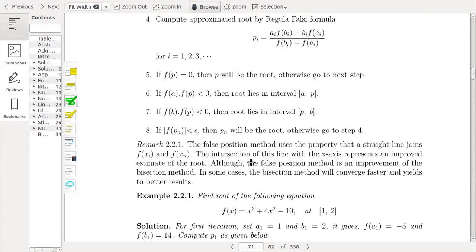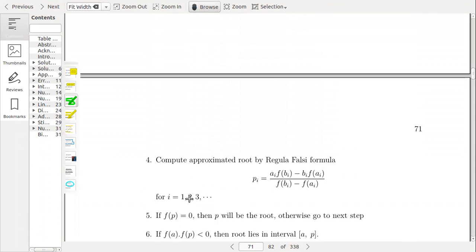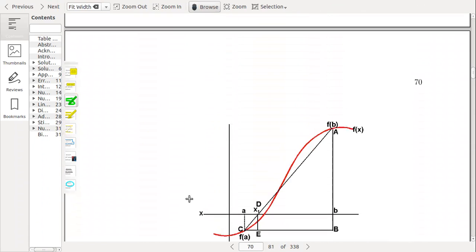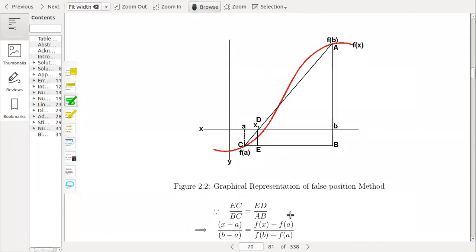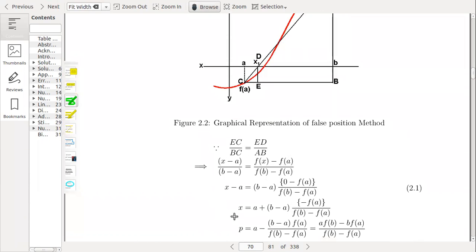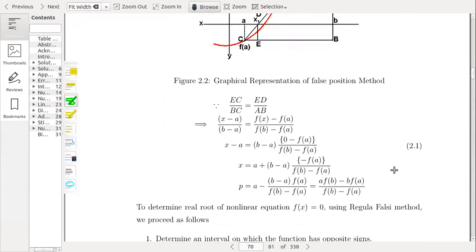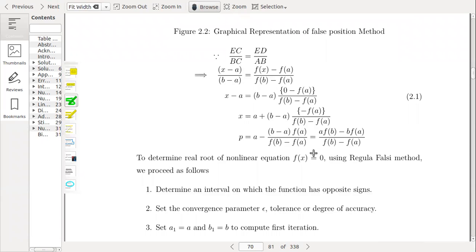So that is the difference. This straight line joins the two values, and the intersection of this line with the x-axis represents an improved estimate of the root. If we want to derive the formula, we just have to compare the ratios and we will get the formula.